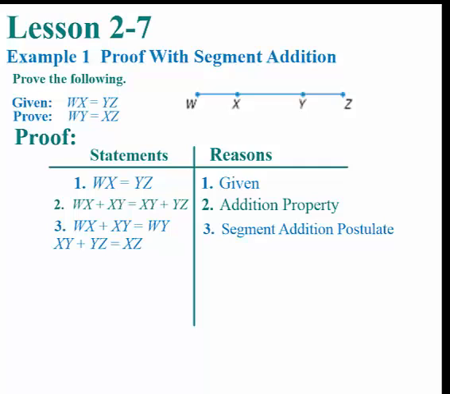And now I can replace: I'm going to substitute WY for WX plus XY, and I'm going to replace XZ with XY plus YZ. And that's what we were trying to get, so that would finish our proof.